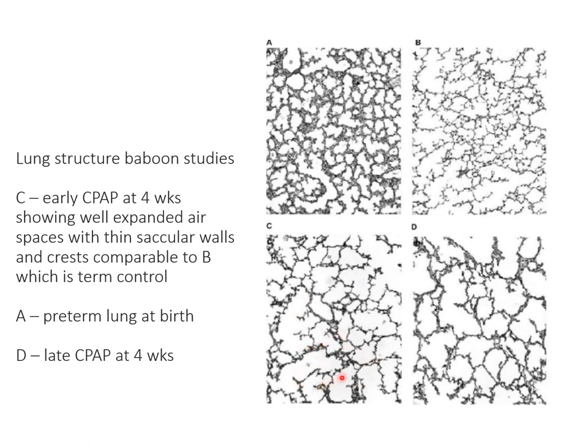It shows good alveolarization, septation, which is comparable at least to a certain degree with B. D is the tissue taken from a preterm baboon which was treated with mechanical ventilation. And again, this is at 4 weeks. You can see that there's less septation, less alveoli development compared to the CPAP lung.